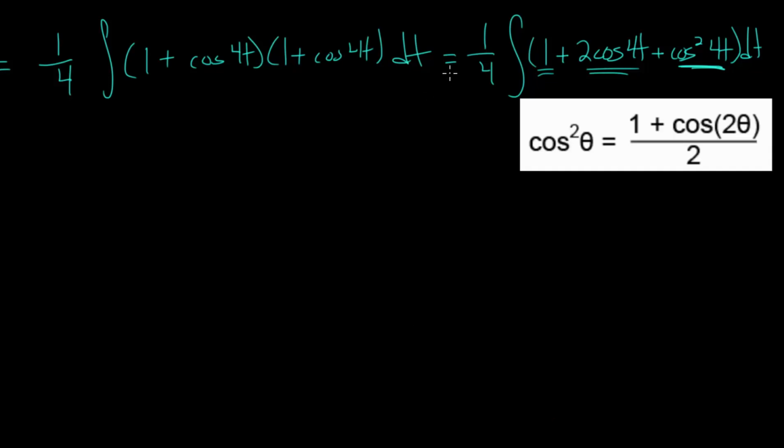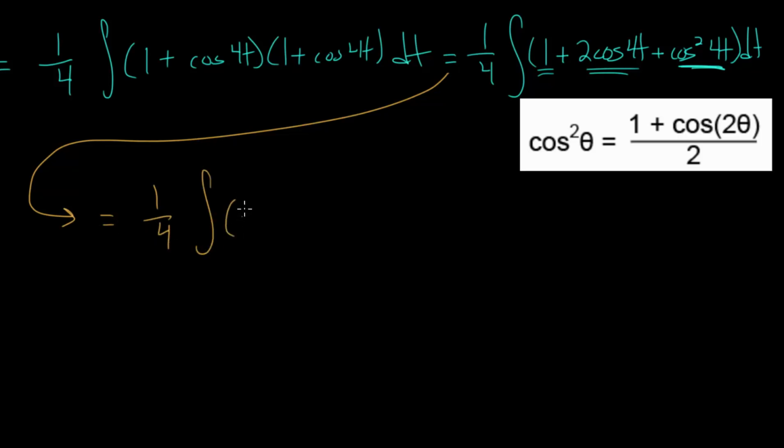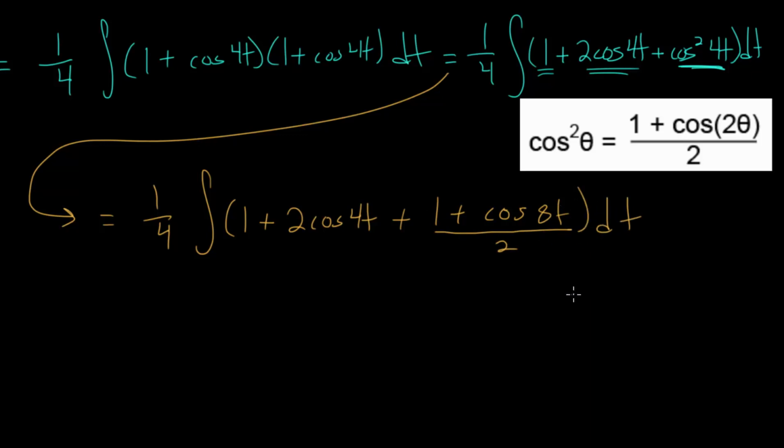We have that this integral here is 1/4 the integral of 1 plus twice the cosine of 4t plus this expression here, but we will use our half angle identity again, so that we get 1 plus the cosine of twice this angle, 4t, so we have the cosine of 8t, and then all of that is divided by 2, and we still have dt out at the end.